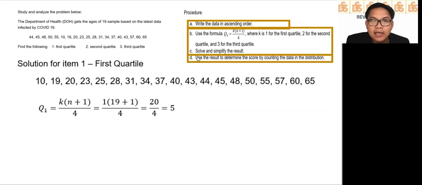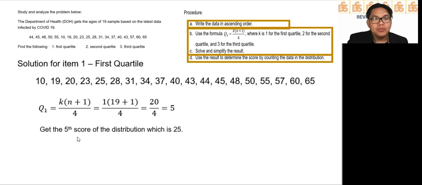Letter D, use the result to determine the score by counting the data in the distribution. So this is not yet the first quartile. It's actually the place. When we arrange the numbers, let us count the fifth score. To get the fifth score of the distribution, we have to count: first, second, third, fourth, fifth.